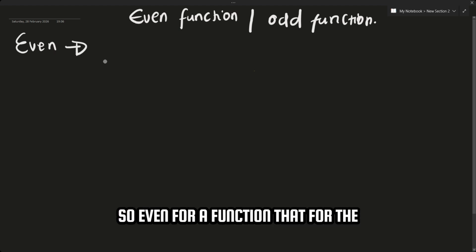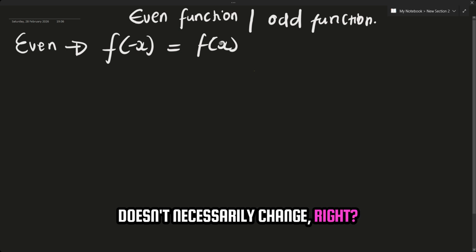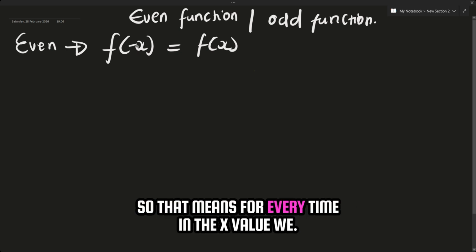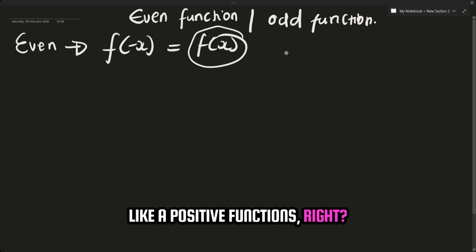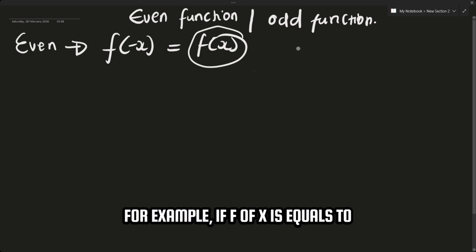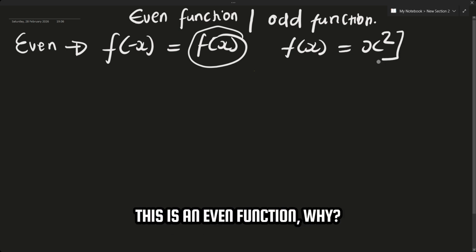So for a function that we say must be even, that means the function doesn't necessarily change, right? So that means for every x value, if we put a negative, it always gives us a positive function value, right? For example, if f of x is equal to x squared, this is an even function. Why?